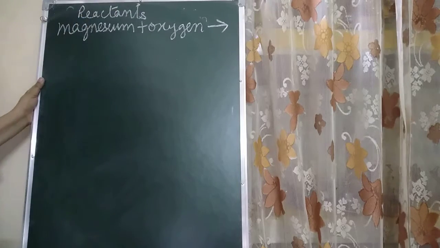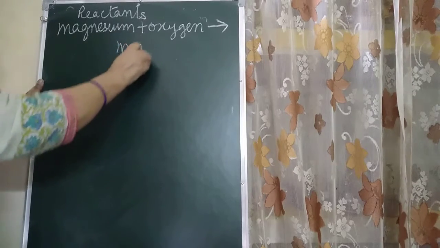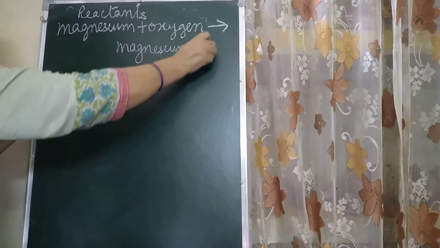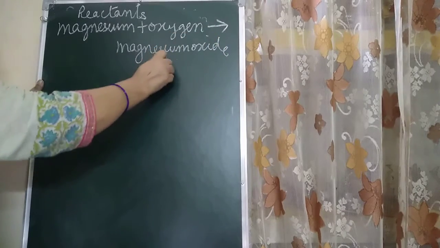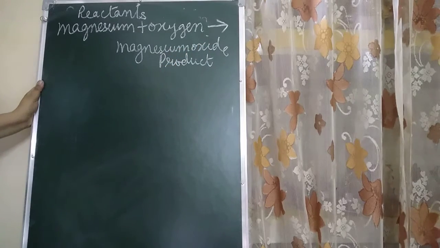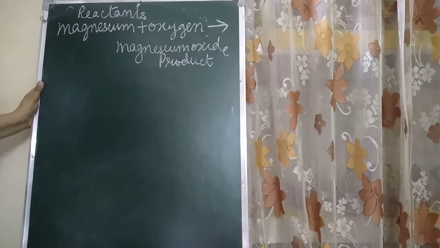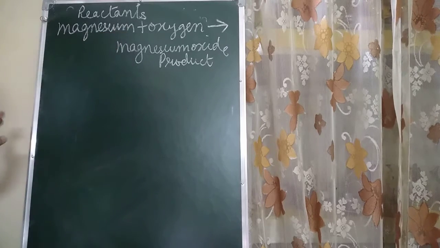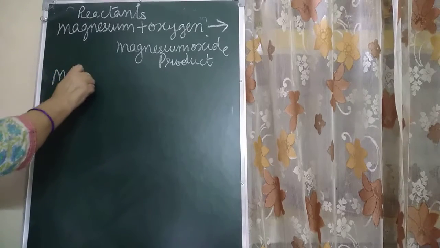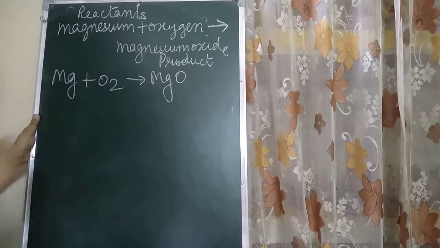Now what product is formed? Magnesium oxide. This is the product. Now this is the word equation. Now again replacing the names with symbols: magnesium plus oxygen is equal to magnesium oxide.